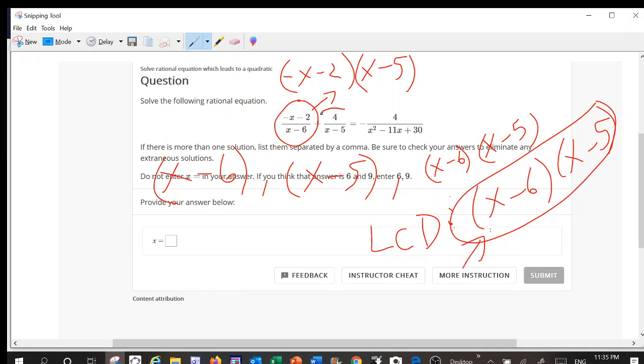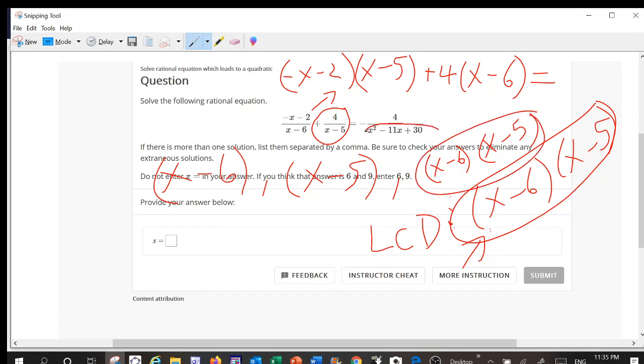And then this one, that's a plus, so the x minus 5 goes away, and we get x minus 6. So it would be plus 4 times x minus 6 equals, now since this is the same as this denominator, this whole denominator gets cancelled, so we just get negative 4. So if you simplify this, you end up with a quadratic, and you can solve it and get the answer for this.